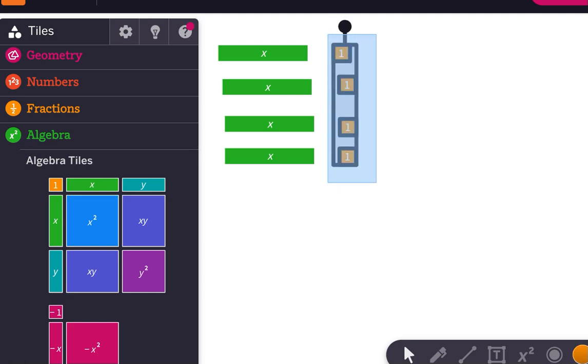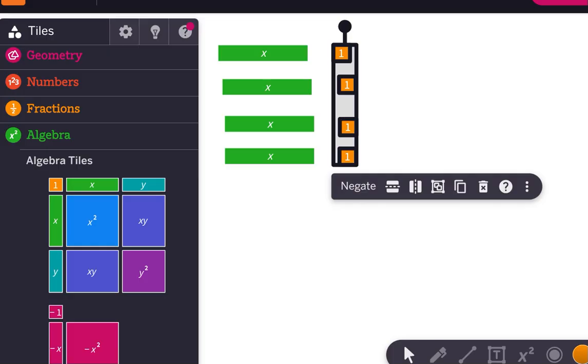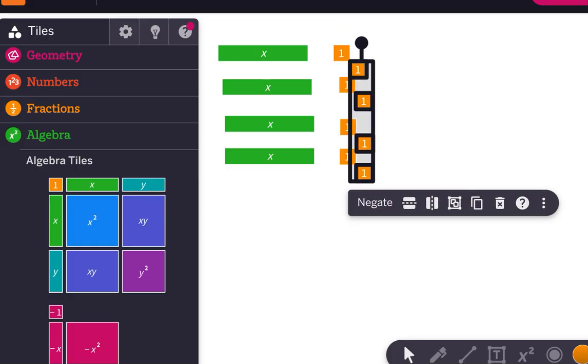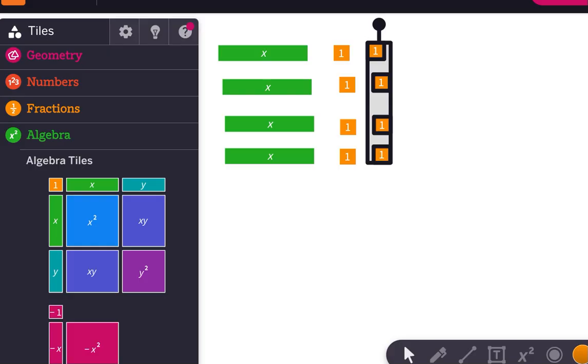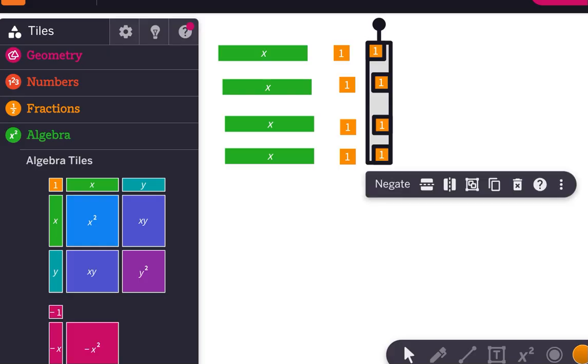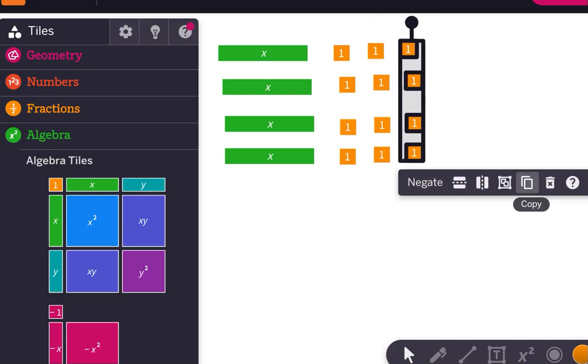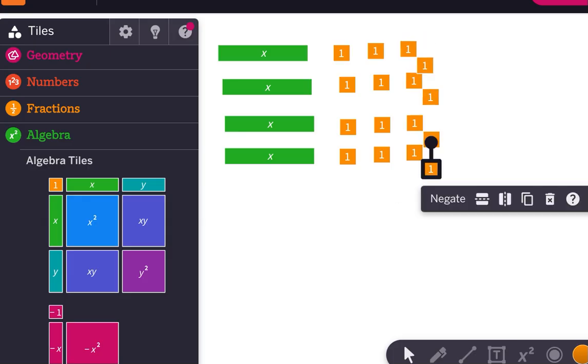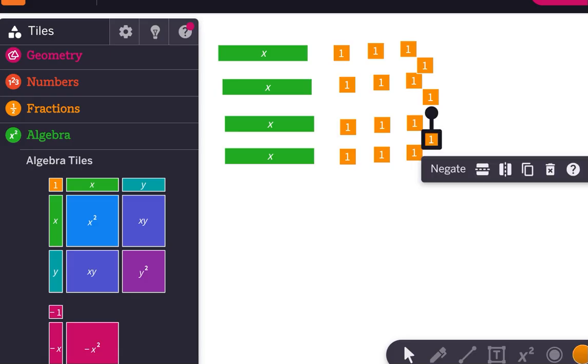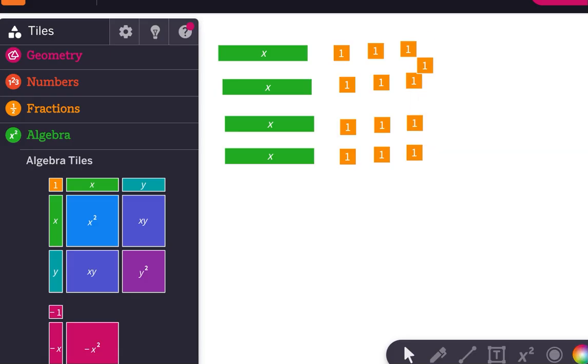I'm going to grab these and copy. 1, 2, 3, 4, 5, 6, 7, 8, 9, 10, 11, 12. Oh yeah, that's good. I don't need to go more than that. I was going to go all the way up to 16. I just need 12.